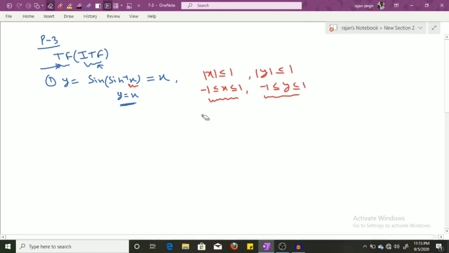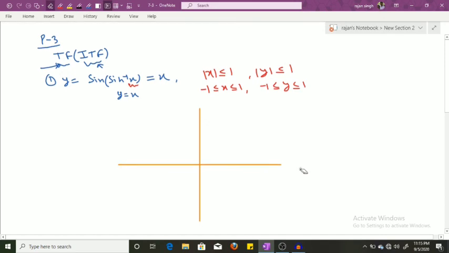For the x value this is -1 and this is +1. For the y value this is -1 and this is +1.